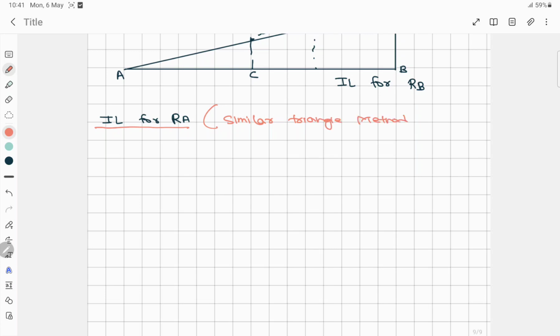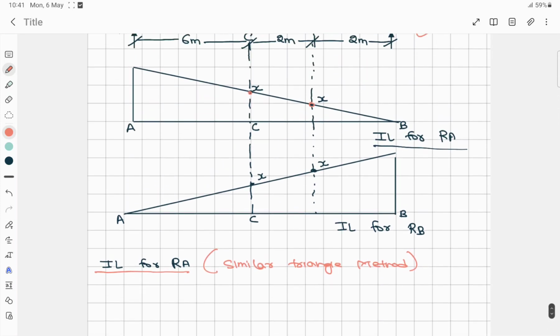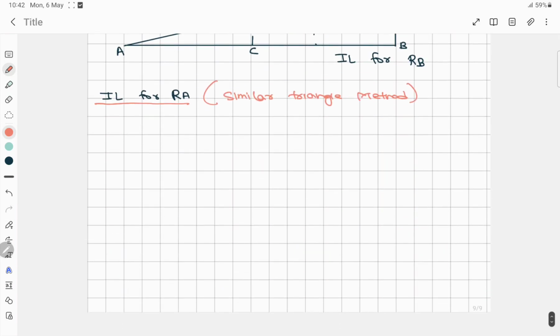In my previous video also I have already mentioned the similar triangle method. That is nothing but this is the whole triangle, and this one was 1. The whole triangle is proportional to this small triangle, so that we can get the value of X.